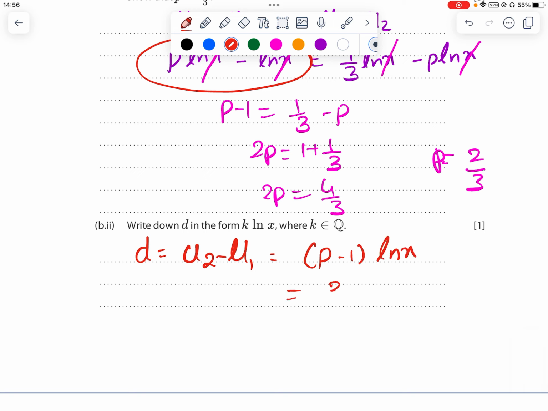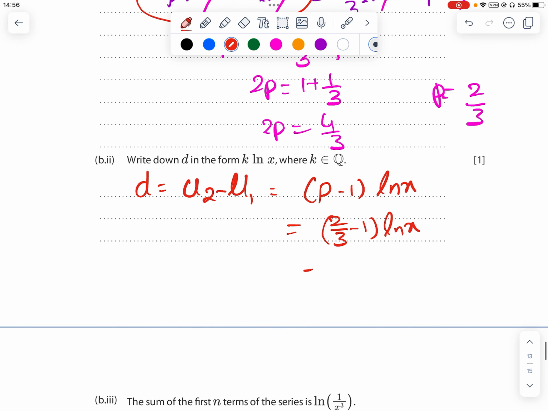So p is 2 upon 3, so 2 upon 3 minus 1 times ln x. So it becomes minus 1 upon 3 ln x. That is what was asked to prove.